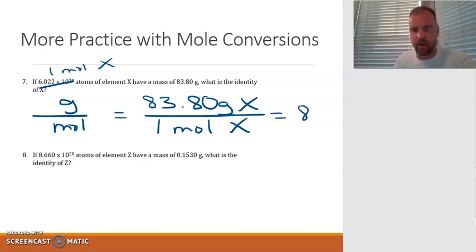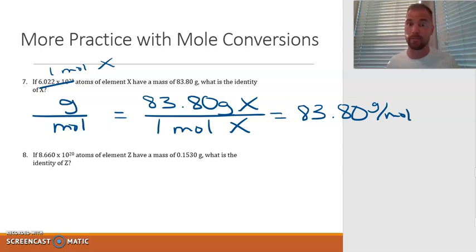I just essentially figured out element X has a molar mass of 83.80 grams per mole. There was no math, actually. It just was understanding concepts, right? So I just have to look at the periodic table and say, well, what element has a mass of 83.80? And it looks like krypton, Kr. That is the identity of element X.